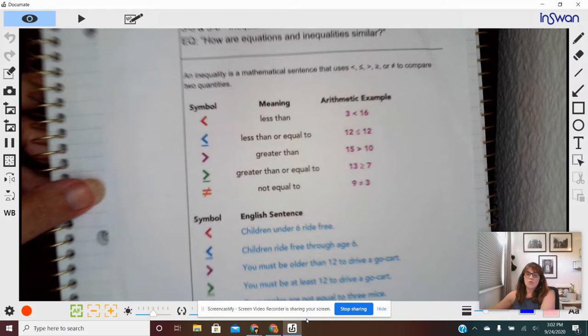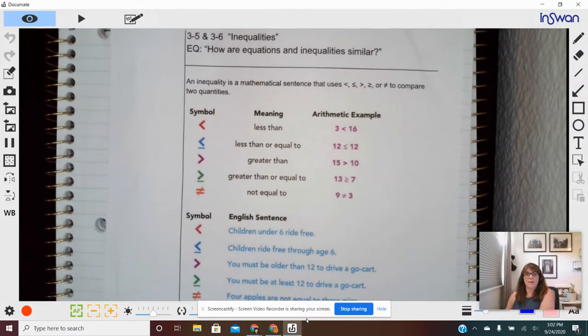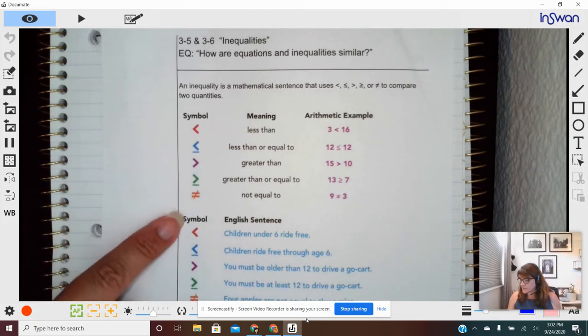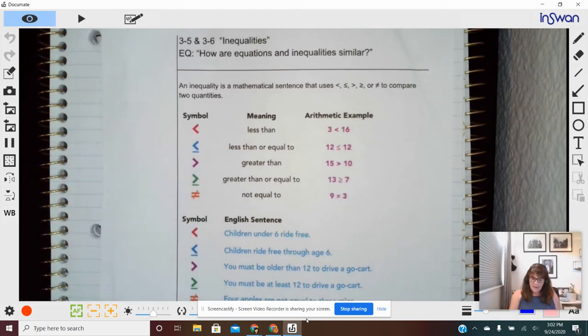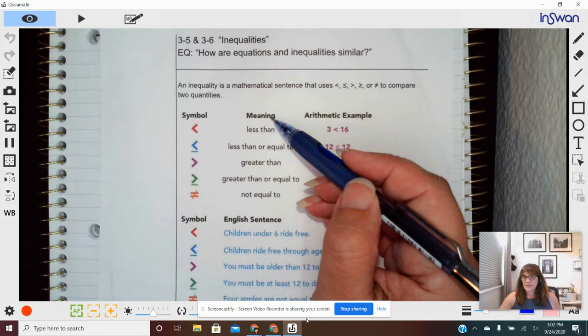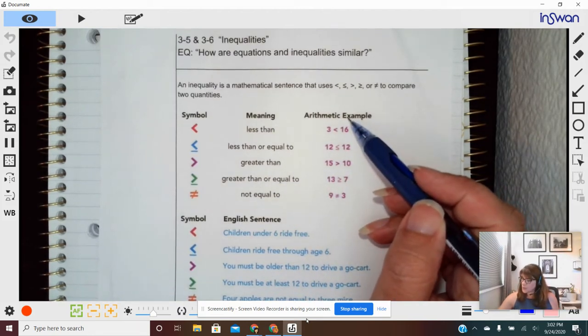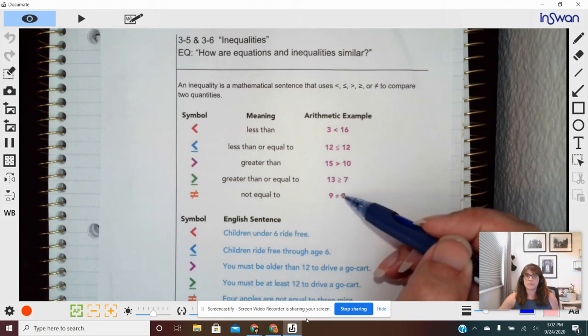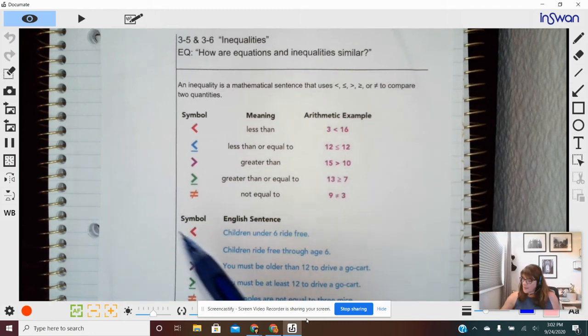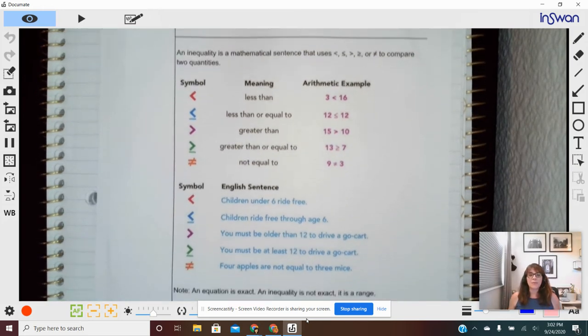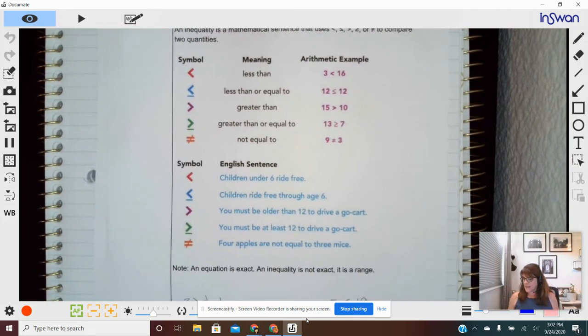This doesn't happen very often, but in this case, we have two different handouts. Starting with the first one, the main one, we have all of these symbols. This graphic gives us the meaning in words, as well as an arithmetic example. Again, the symbols and an example of how that applies.